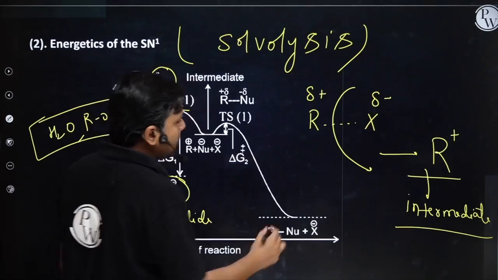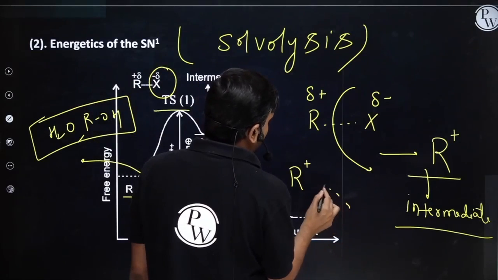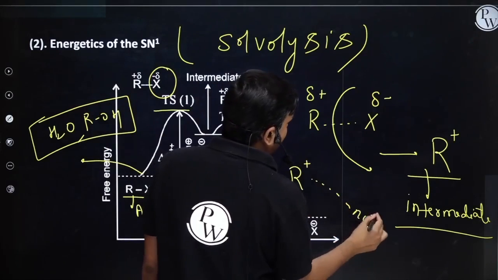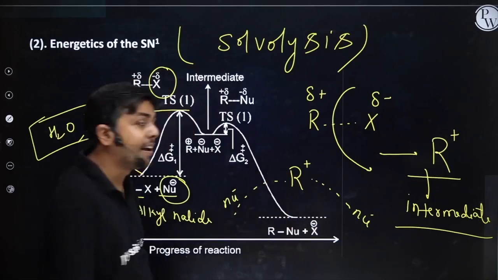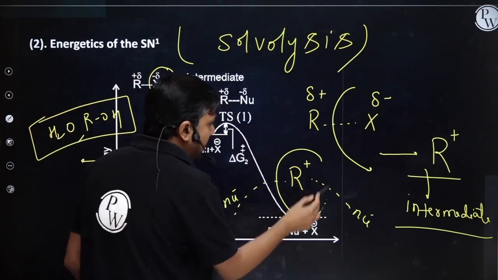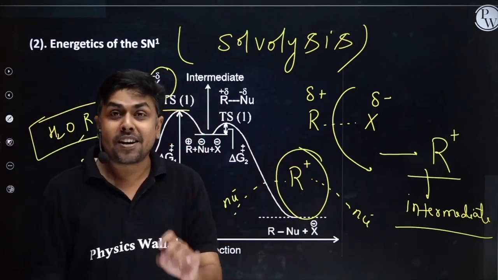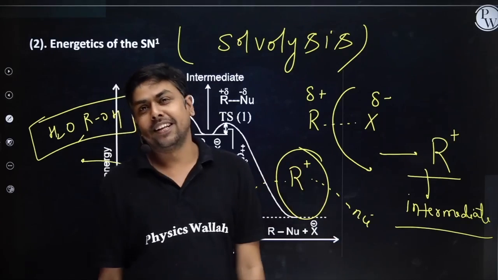Finally, on the most stable carbocation, the nucleophile will approach from the front side as well as it may approach from the back side because it's planar in nature, right? The geometry is sp2. Geometry is planar. Hybridization is sp2. Am I clear, student?